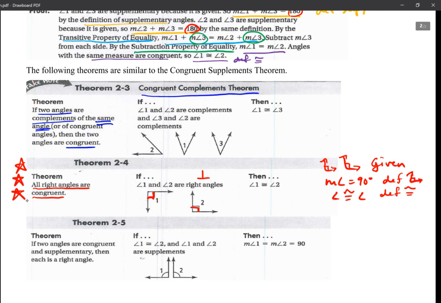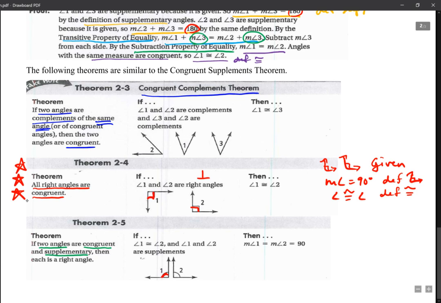And the last one, we don't use it as much, but it's a good one. It's good stuff to know here. It says that if two angles are congruent and supplementary, so I've got two angles that are congruent and supplementary.